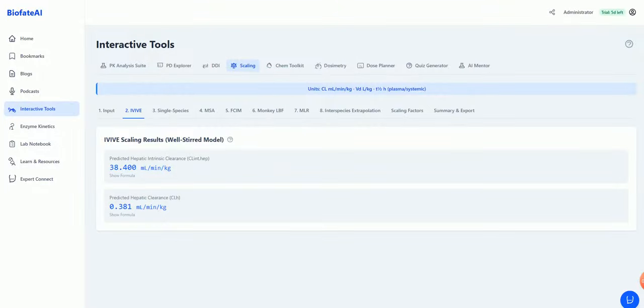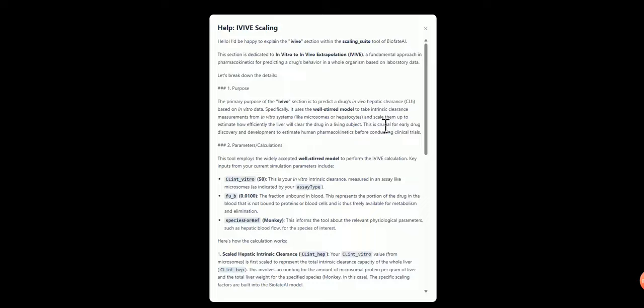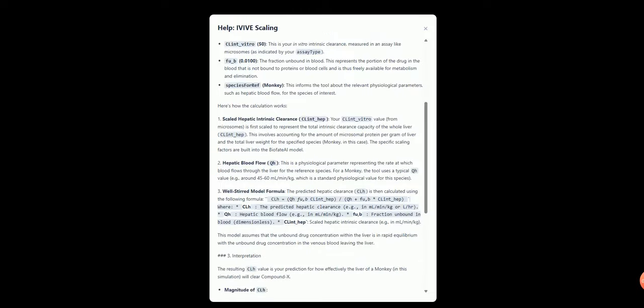It's highly sensitive. Now, if you ever need a refresher on math, simply click the help icon. The AI mentor provides context-aware explanations of the formulas and how to interpret these results.